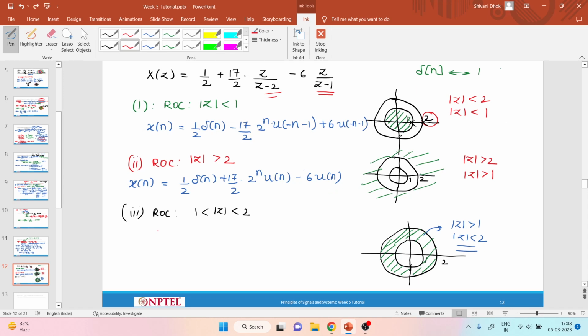So basically my x of n will be equal to 1 by 2 delta n minus 17 by 2 2 power n u of minus n minus 1 minus 6 times u of n.